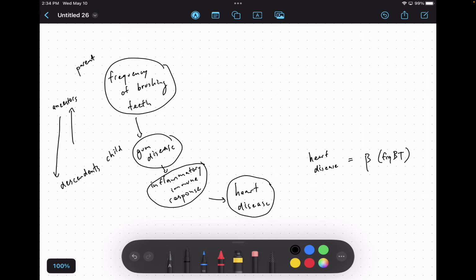What do you guys think about this beta and its representation of a causal linkage between frequency of brushing your teeth and heart disease? What do you think? There could be some other factors, not just things related to how frequently you brush your teeth, but also related to how often you brush your teeth.